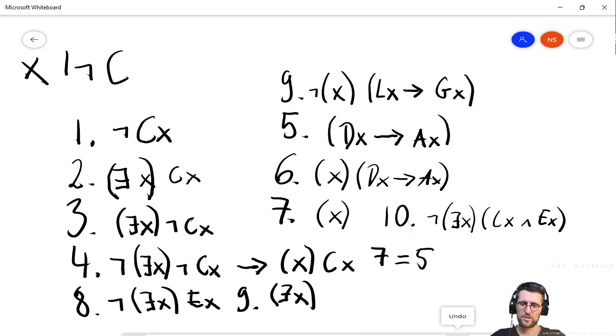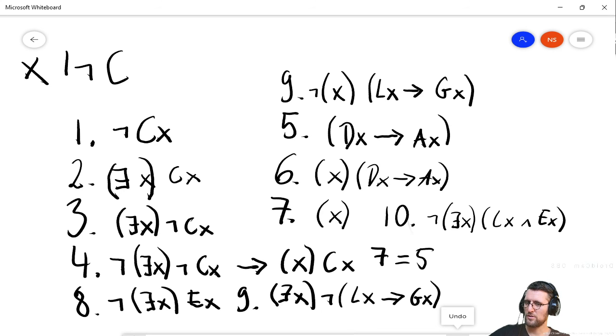So, if I translate that, I could translate that also into this writing. There exists at least one x, so that it is not true that if Lx, then good x. I think I can write it like this.